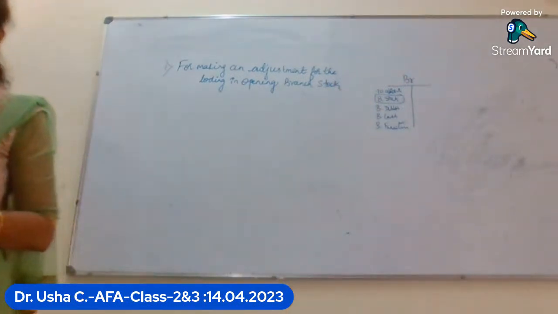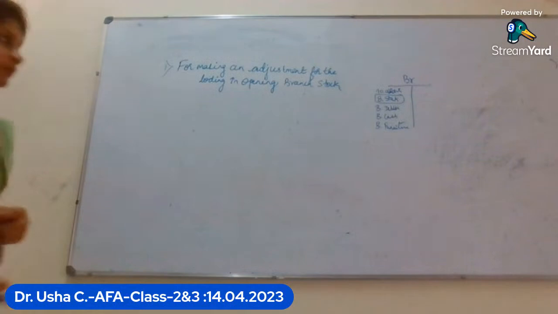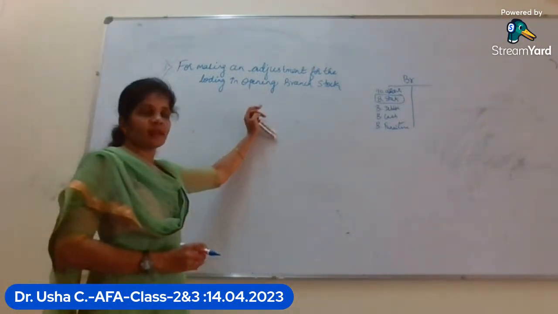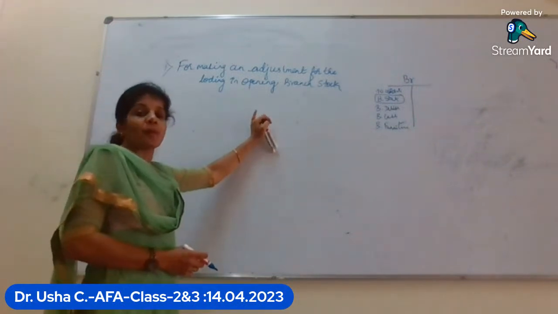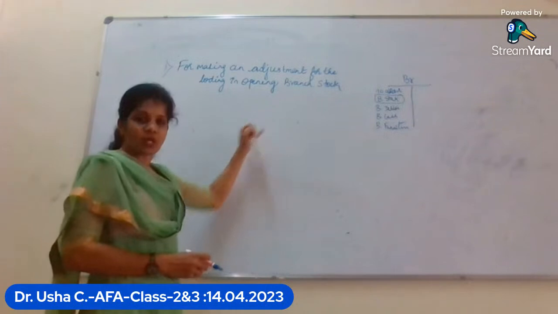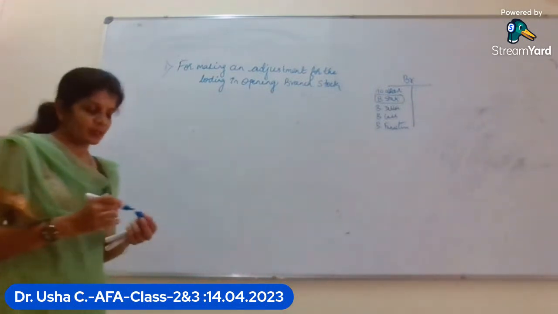So for making an adjustment for loading in opening stock at the branch, what entry is to be passed?